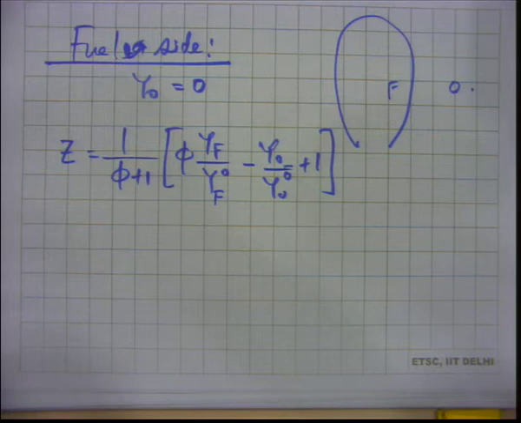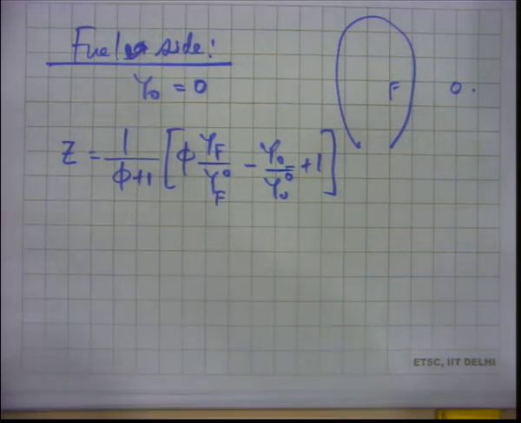This is not complicated, fine. So, can we use this expression to get Y fuel as a function of Z on the fuel side? That is the question. Easy? Very easy. So, if you do that, then it will be like this.